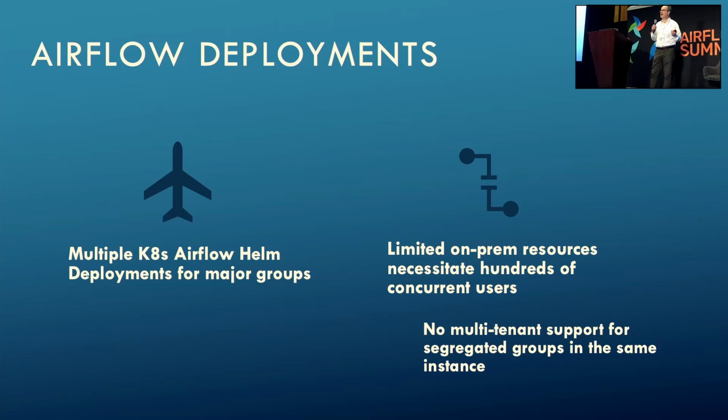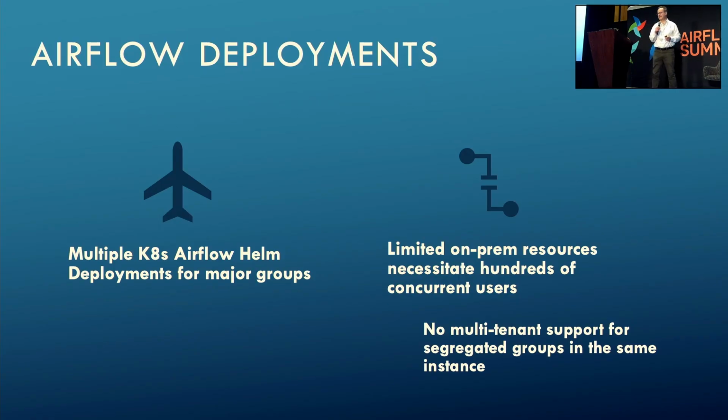So because we're on-prem, we have limited resources. Ideally, we would want to have every researcher be able to spin up their own implementation of Airflow, especially because they would then have access to those secure resources they need within Airflow, the variables, the database connections, the Kubernetes cluster information, et cetera.